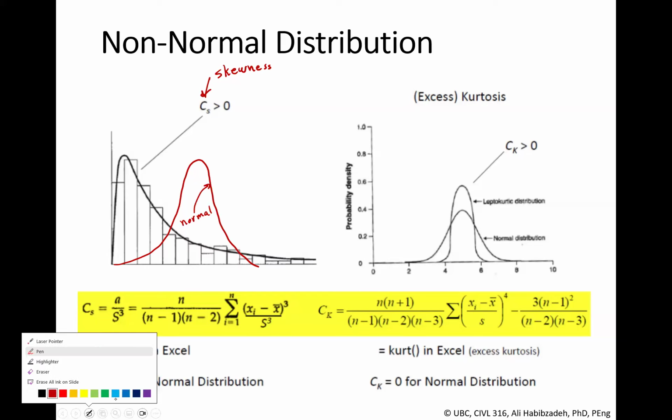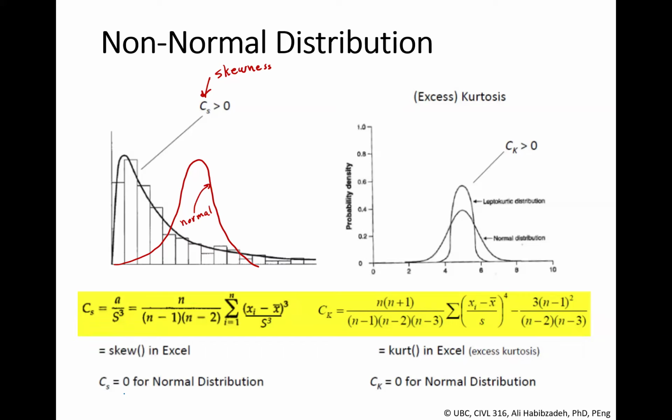If you have negative skewness, it looks like this. So this is where you have a negative CS. And obviously the normal distribution has a skewness of 0. It's not skewed at all. So CS is 0. So skewness tells us is the distribution skewed to left or right.